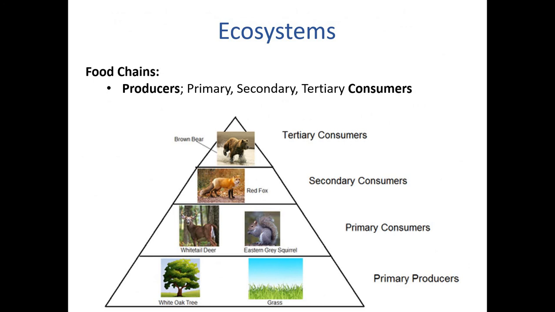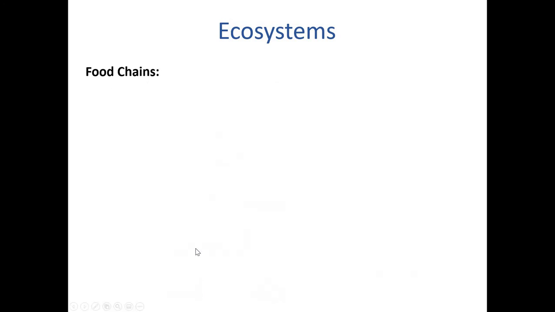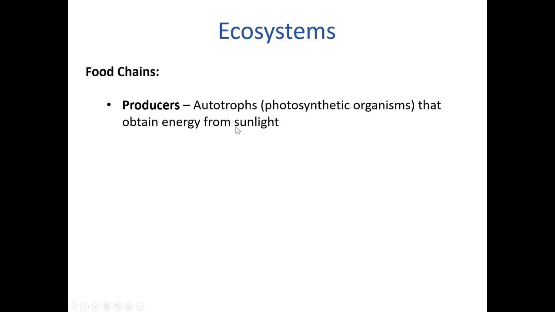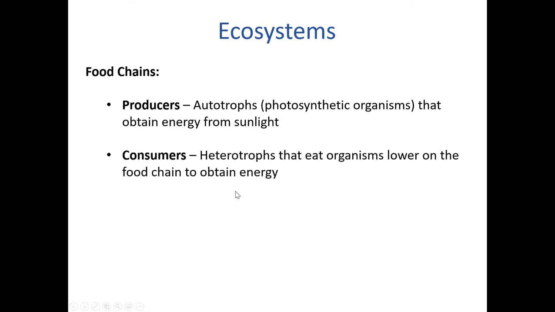Within ecosystems, of course, there are food chains, which are made up of producers and consumers. Producers are autotrophic or photosynthetic organisms that can obtain energy directly from sunlight using photosynthesis. Producers are then consumed by consumers, which are heterotrophic organisms that eat organisms lower on the food chain to obtain energy.